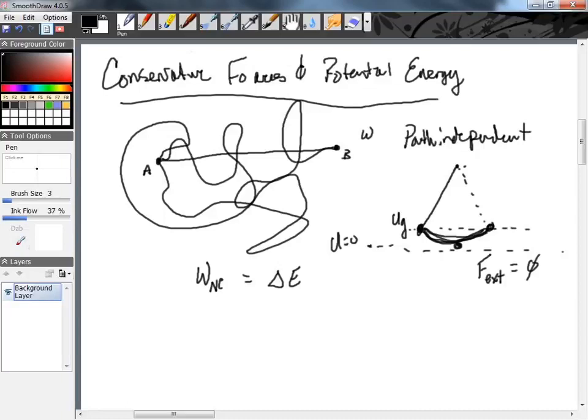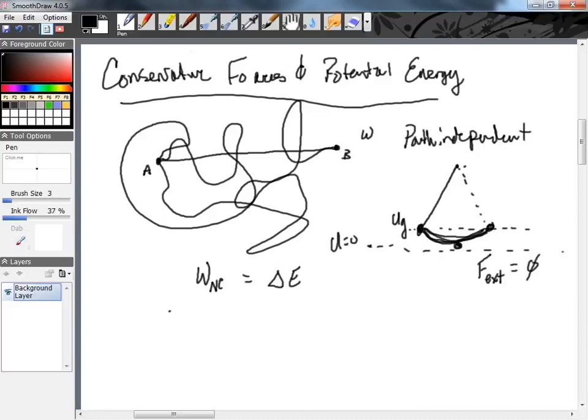So we have our total kinetic plus our total potential at the initial, and then we have the change in our total kinetic plus our total potential. If there is a change in that, that means that there was a non-conservative force, and the work done by that non-conservative force equals that change in the energy. It's a really powerful concept, and it makes a lot of things easier that we're going to be doing later on.